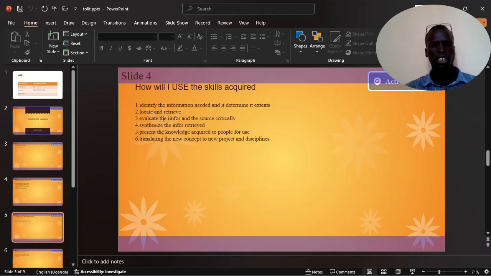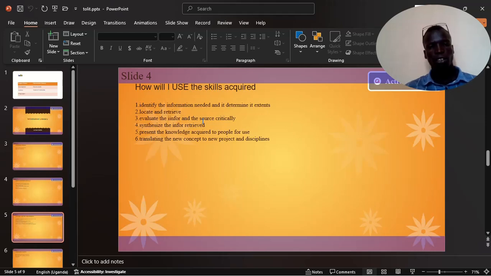Then third one, evaluating the information and the source critically. Evaluating, you understand it properly, and all the sources critically. Then the fourth one is you'll be able to synthesize the information retrieved so that it is made understandable.